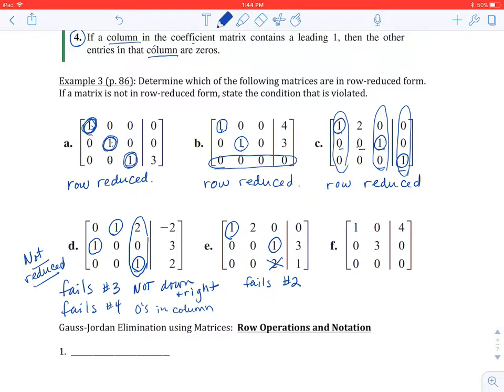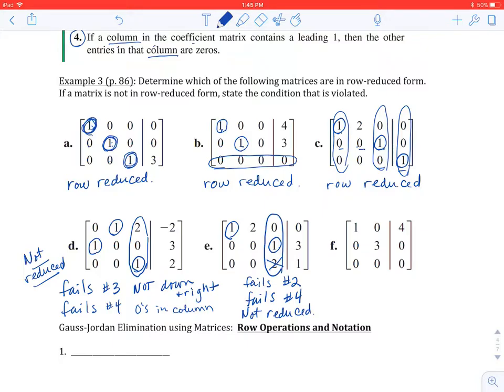In addition, if I look at that first one, we've got this problem right here. It also fails number 4. This first one has to have zeros above and below. So this one is not reduced.